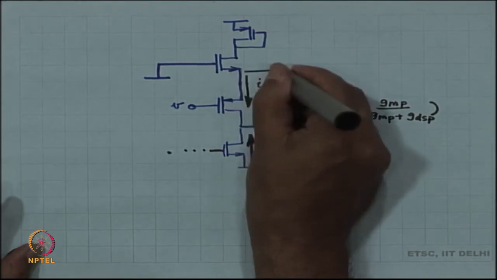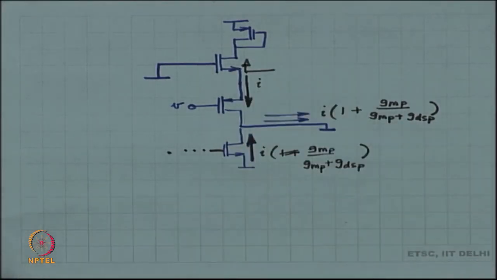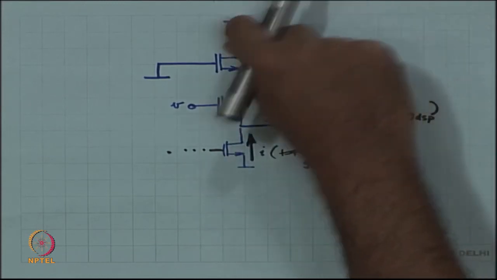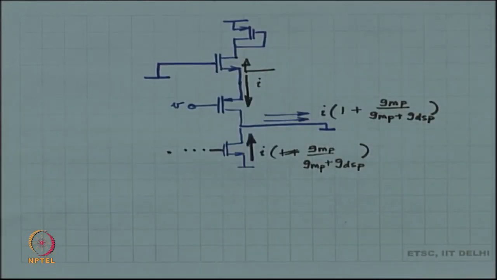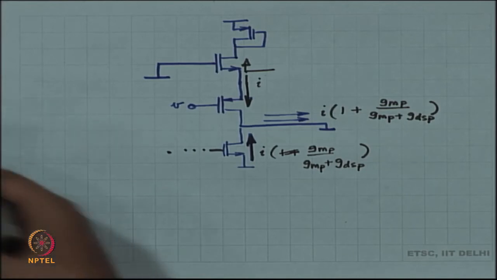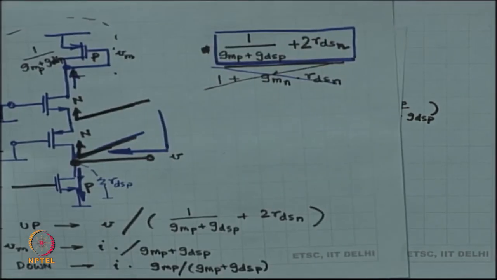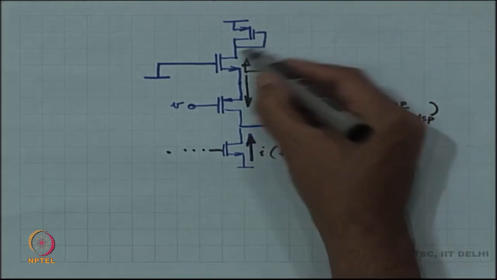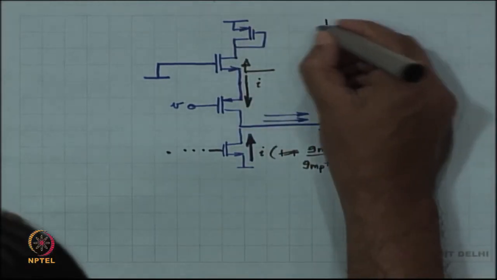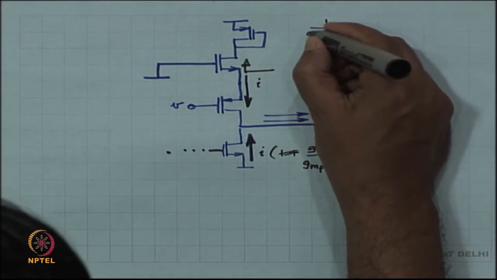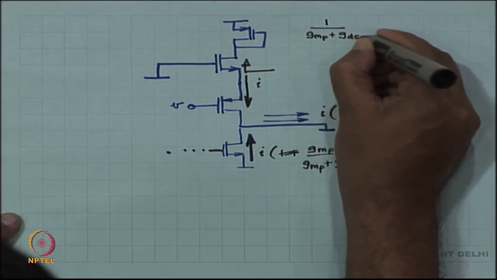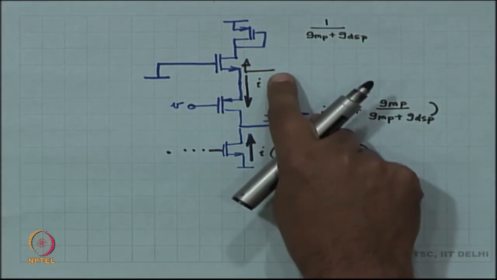What is that impedance, by the way? Looking up over here, you are looking into the source of the MOSFET, the drain is terminated with something. We had computed it earlier: the drain is terminated with 1 by GMP plus GDSP.